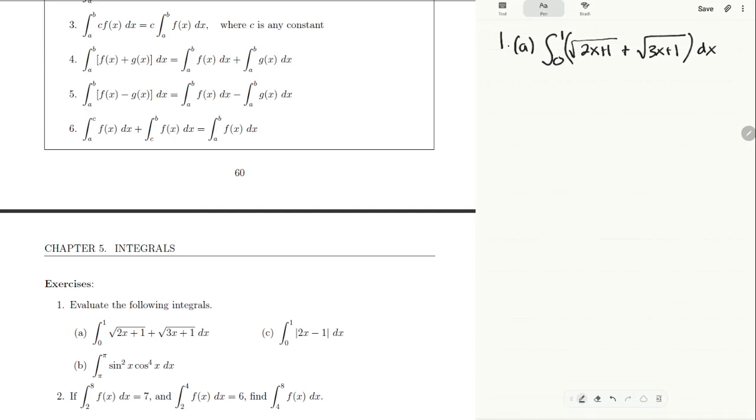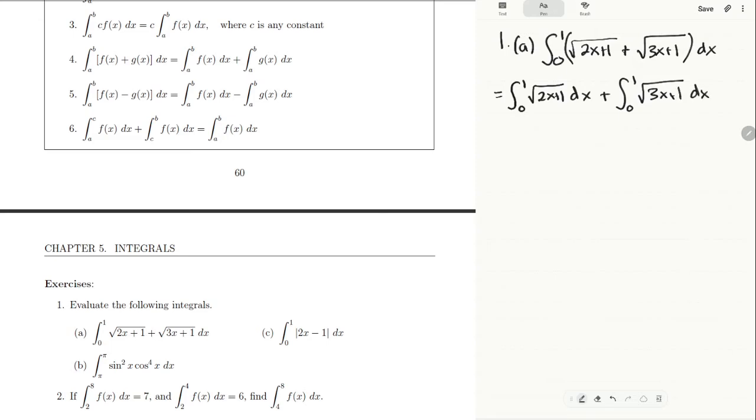So here we're dealing with two different functions. So we use one of the properties. We can separate the integral into two separate integrals. This is the integral from 0 to 1 of the root of 2x plus 1 dx plus the integral from 0 to 1 of the root of 3x plus 1 dx.